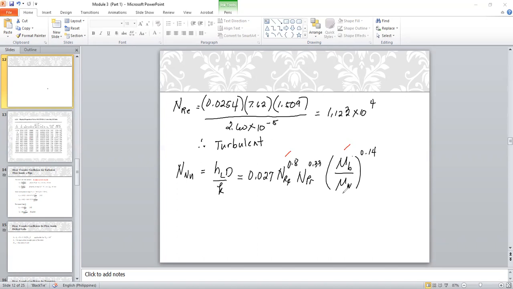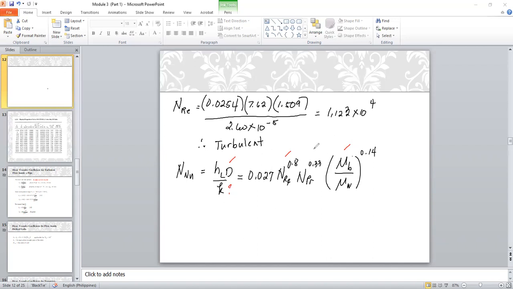And that would be taken later. I'll show you the table. As for the Prandtl number, I will also give it to you in a little while. It will also be taken from a particular table for air, because air is the one that is flowing inside the pipe. This one we know already, and this one we also need to get from a particular table, the thermal conductivity, that is. So what we need to find right now, I place here a question mark.